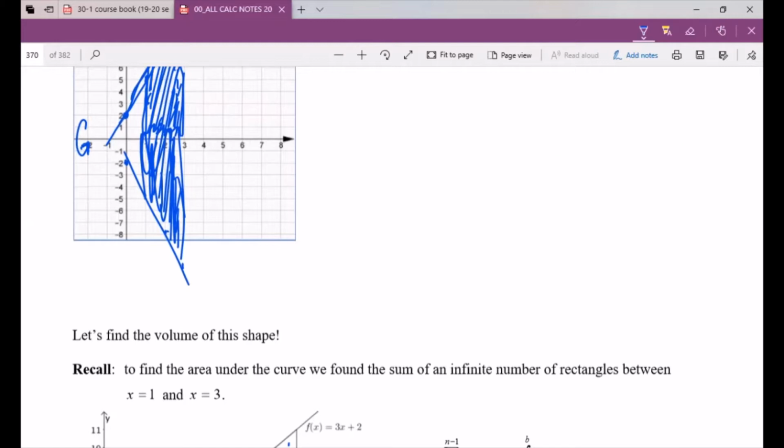So we're going to find the volume of this shape, spinning it not just across the axis, but through 3 dimensions.